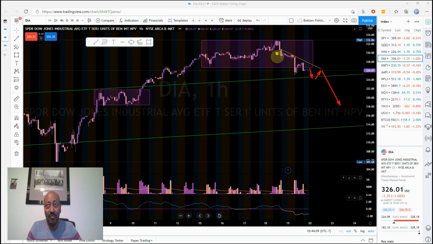The only way you confirm it's a distribution is if we make a lower high right at the edge of this box, or maybe slightly lower. But if I see this lower high formed inside this box, I'm not comfortable that this is a redistribution or a distribution. It could be. I could be wrong, but I just want to simplify it.